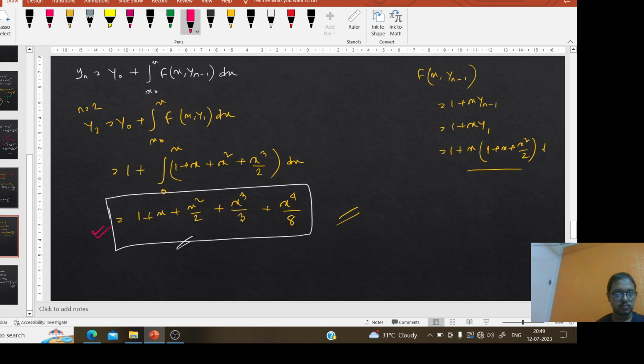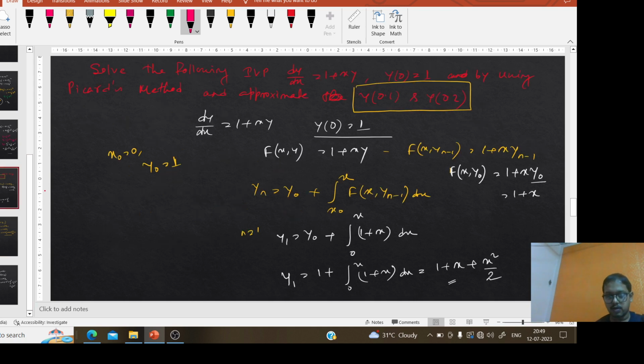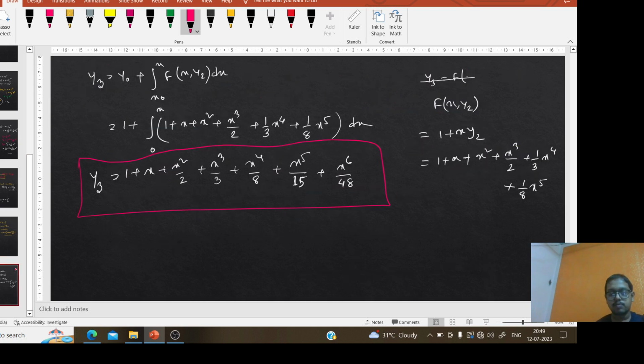So this is y2 and this is y1, already we got. Now we have to approximate the value at x is equal to 0.1 and x is equal to 0.2. So here we just write the values of y1, y2, y3.